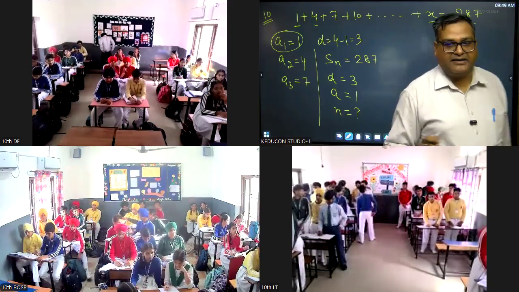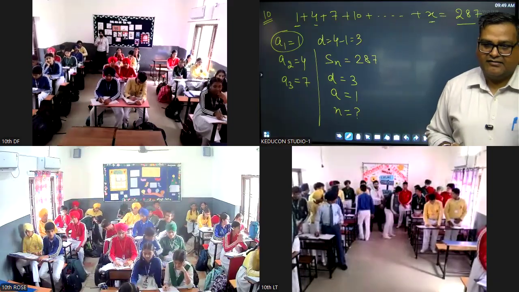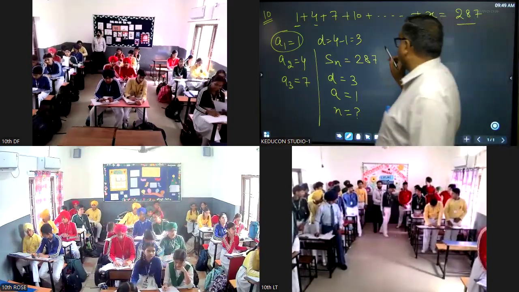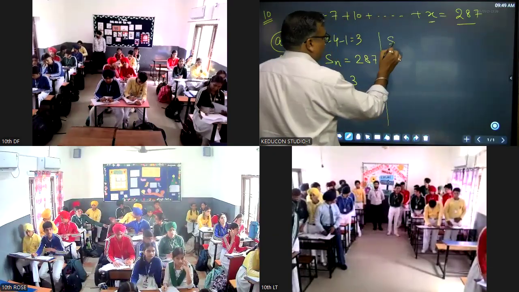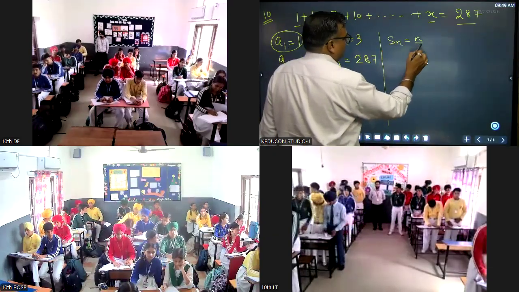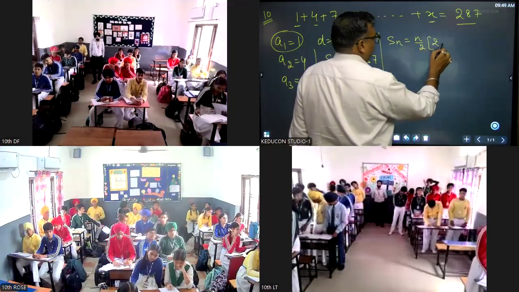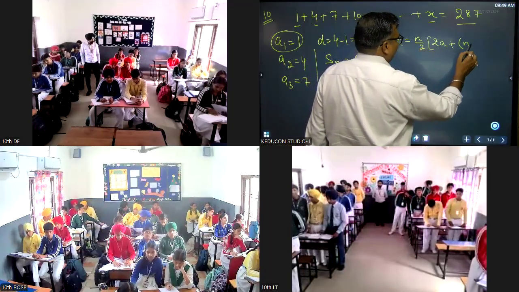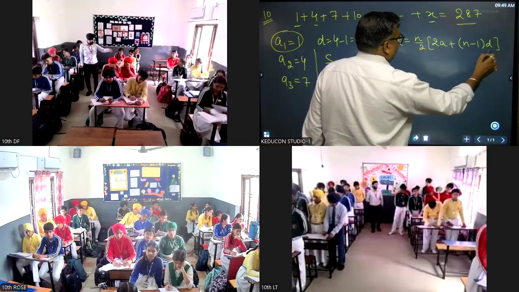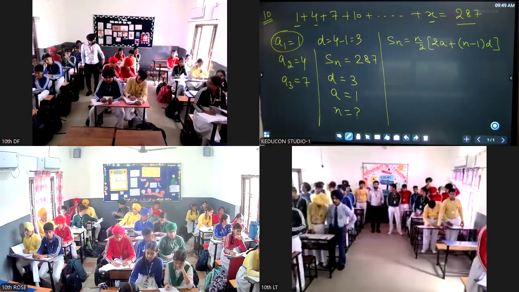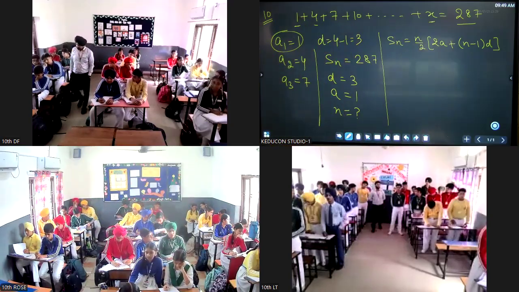Now we can apply the formula of Sn here. What is the formula of Sn? Sn equals n by 2 into (2a plus (n minus 1) into d). We can apply this formula and find the value of n. Right, students?